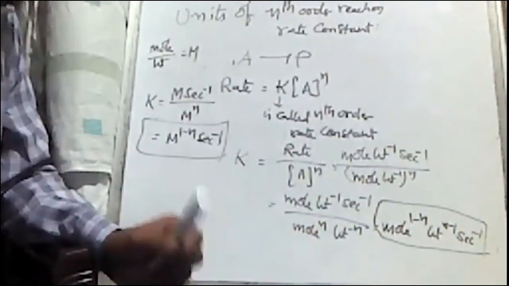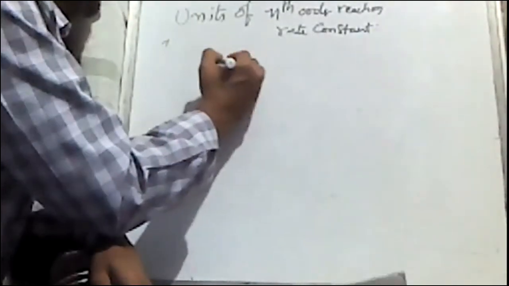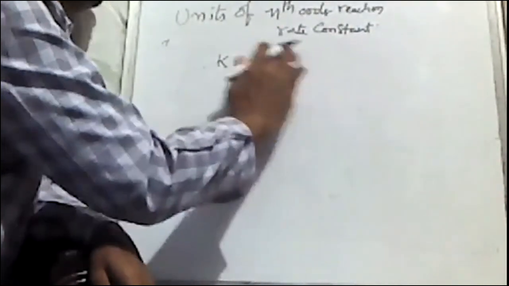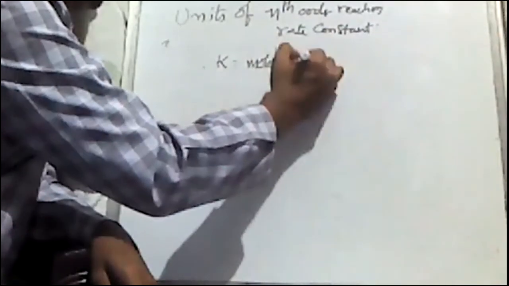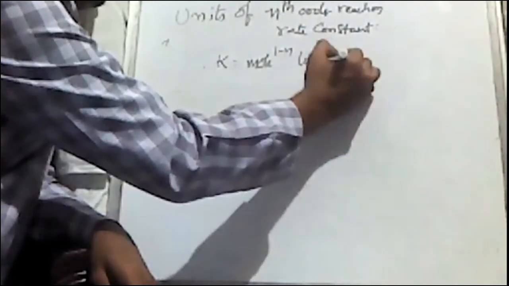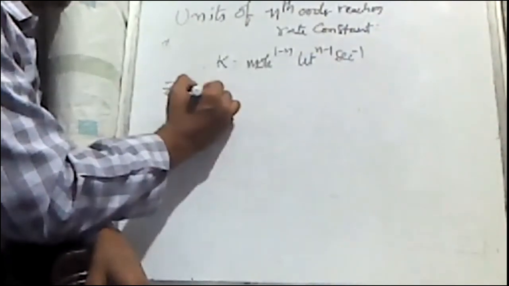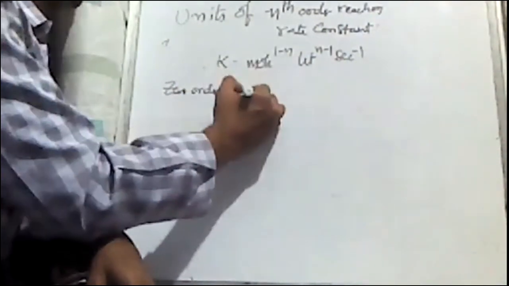Now what are the units of the rate constant of an nth order reaction? Mol^(1-n) L^(n-1) s⁻¹. Now, for zero order reactions, what are the units?